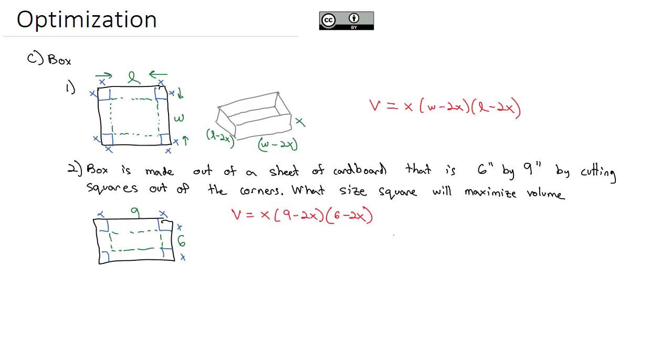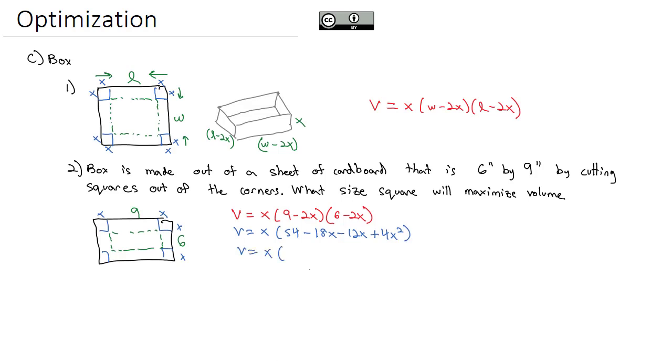So we're going to take the derivative and set it equal to 0. But before we take the derivative, let's clean this up with a little bit of algebra. I'm going to multiply out the binomials first. 9 times 6 is 54. 9 times negative 2x is negative 18x. 6 times negative 2x is negative 12x. And negative 2x times negative 2x is positive 4x squared.